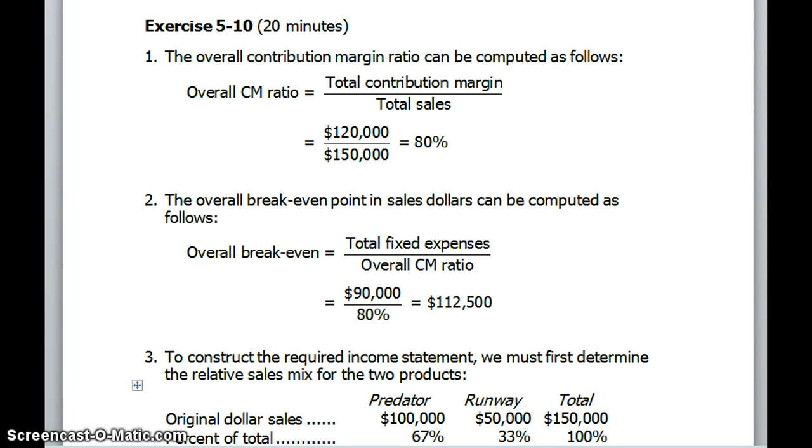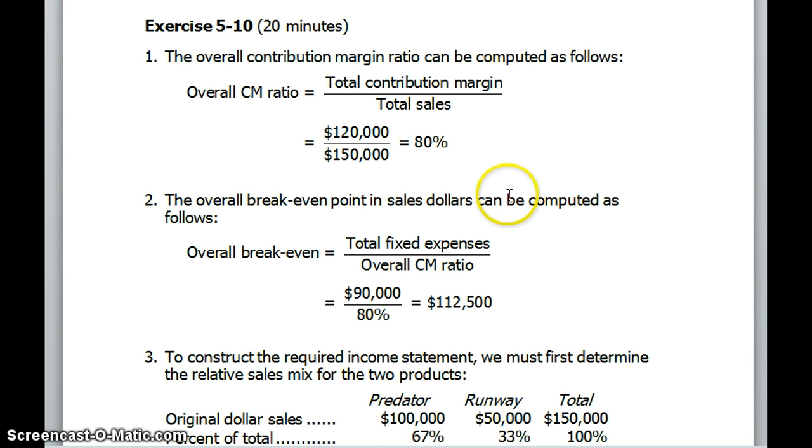We take the total fixed cost of the company, which is $90,000, and divide that by the 80% contribution margin ratio that we calculated in part 1. When we do that, we come up with break-even sales dollars for the total company of $112,500. So the break-even sales revenue is $112,500.